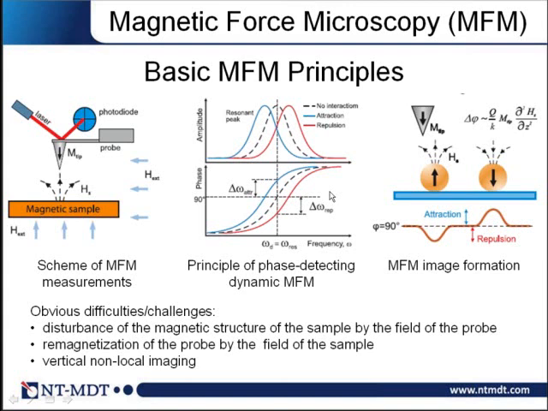The question is, what is the vertical resolution in MFM? Well, it's difficult to discuss MFM imaging in these terms, because you measure not the topography, you measure magnetic field at some level. But what is possible to ask, for example, is what is the maximum depth of a magnetic layer you can identify. Again, this is in the order of between 10 and 100 nanometers, which is determined by the size of your problem.